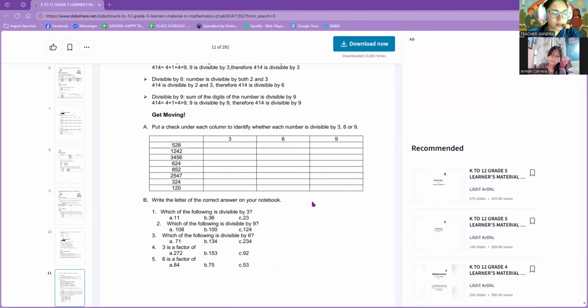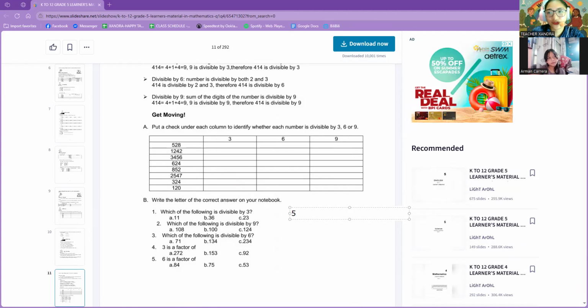528. Is it divisible by 3? 5 plus 2 plus 8 is 15. Okay, and then you divide.